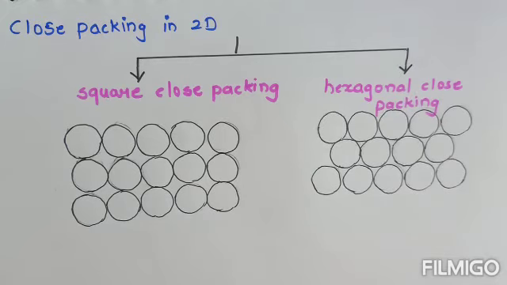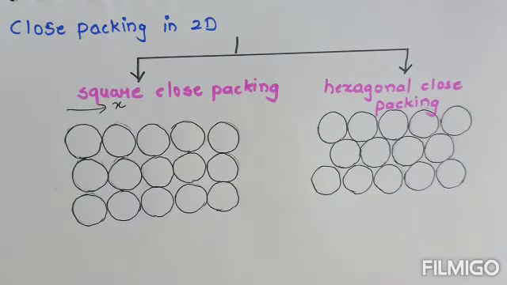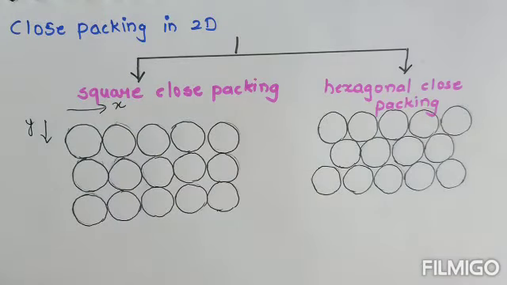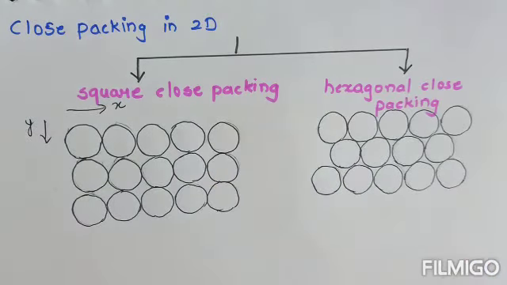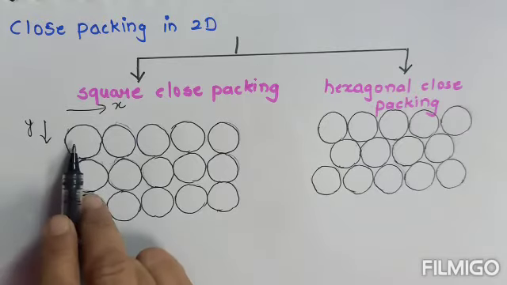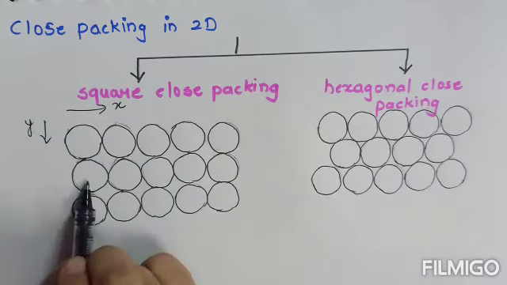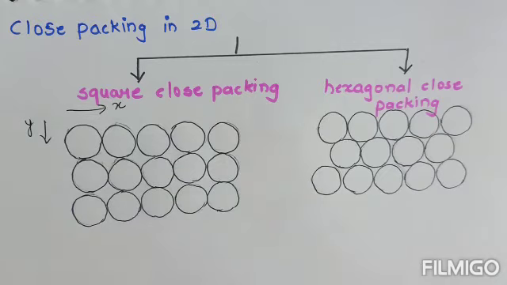Now let us study close packing in two dimensions. Two dimensions means we are considering the arrangement of the constituent particles along the x-axis as well as along the y-axis. There are two types of arrangement possible: square close packing and hexagonal close packing. First of all, let us discuss square close packing. In square close packing, as you can see, one layer of the particles is arranged along the x-axis and the second layer is arranged just below it in a similar manner.